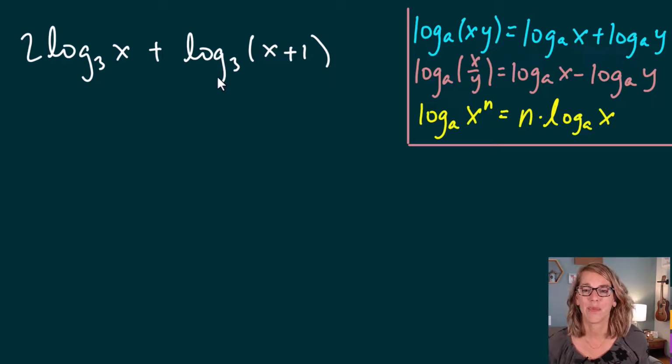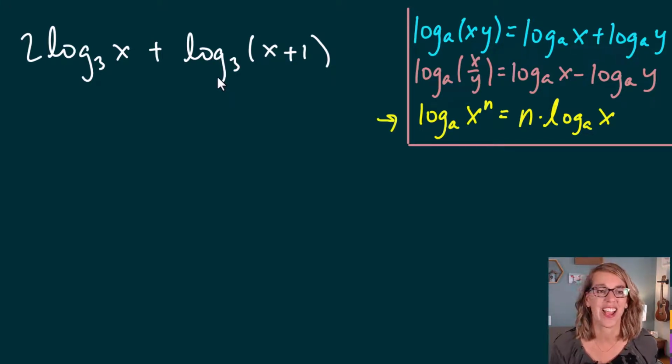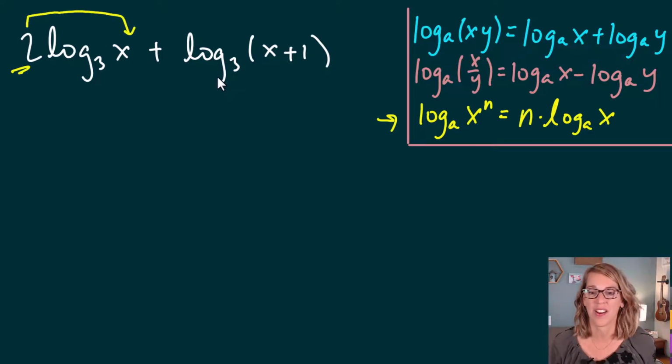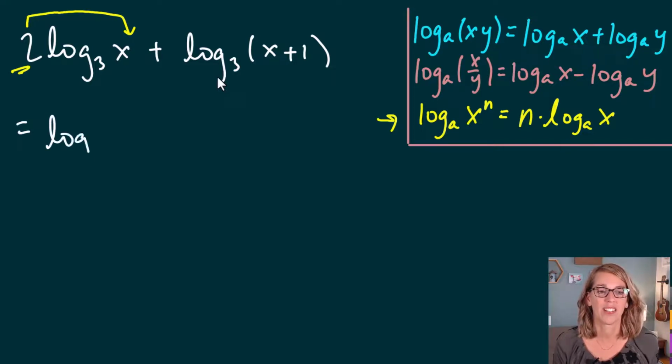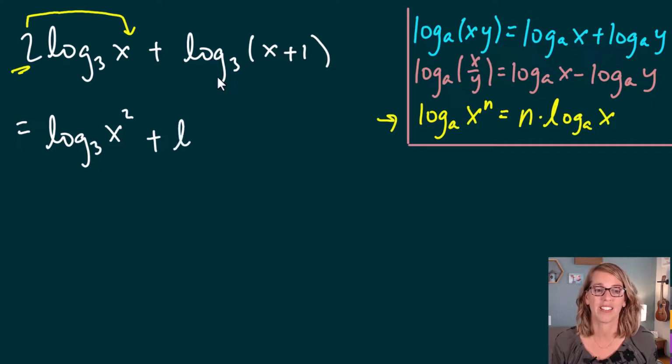So I've got a little work to do before I can do that. Namely, I've got that 2 on the outside. So I'm going to bring this 2 as a power of the x. So this now becomes log base 3 of x squared plus log base 3 of x plus 1.